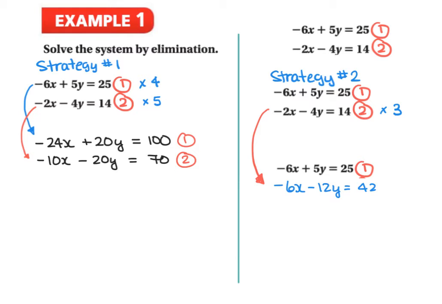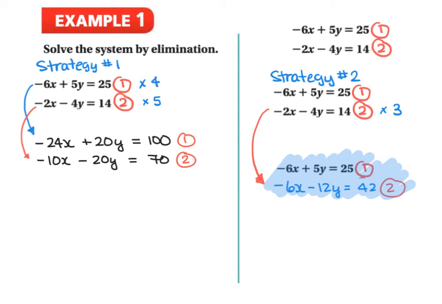And that's my equation 2. This is the better strategy here, because I only have to multiply one of the equations and not both. Now we can see that we've got negative 6x and negative 6x, so we can solve this using the elimination method.